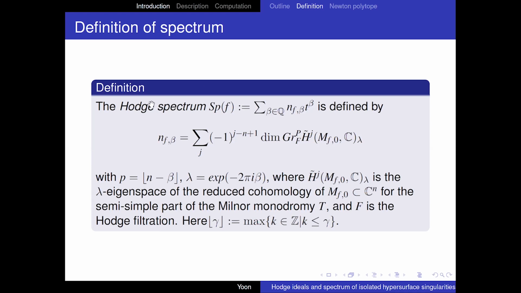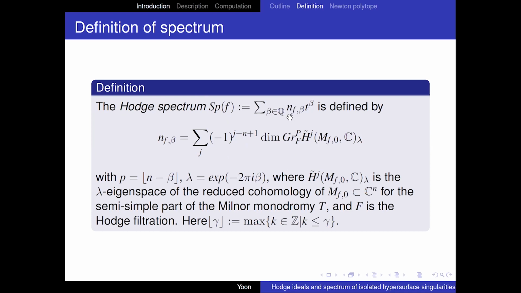Maybe we should say this is the Steenbrink spectrum. Actually, the Hodge spectrum is order reversed. That is defined by T to the n times the spectrum of 1/f of 1/T. All right.